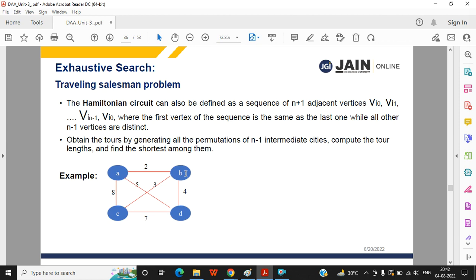Different paths will have different costs of traveling, maybe the distance, maybe the fare.